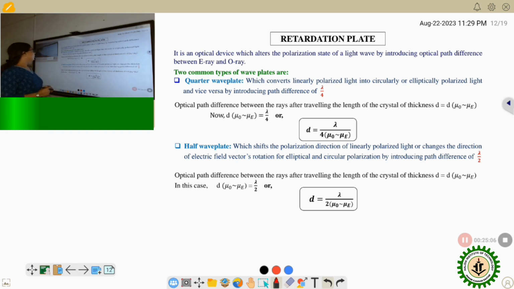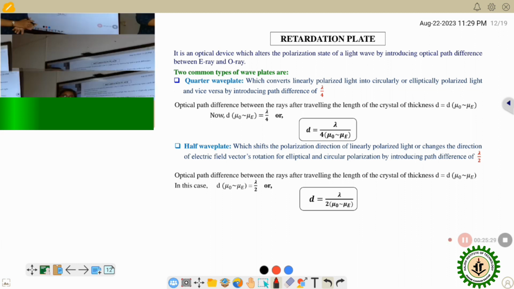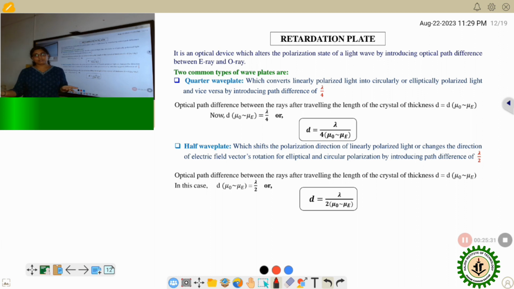Now, retardation plate. It is an optical device which can change the state of polarized light. That is, it can convert plane polarized light to circularly or elliptically polarized light, or elliptically polarized light to plane polarized light. It can convert right circularly polarized light to left circularly polarized light.